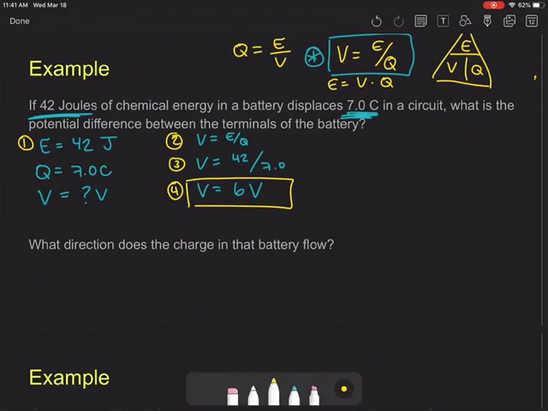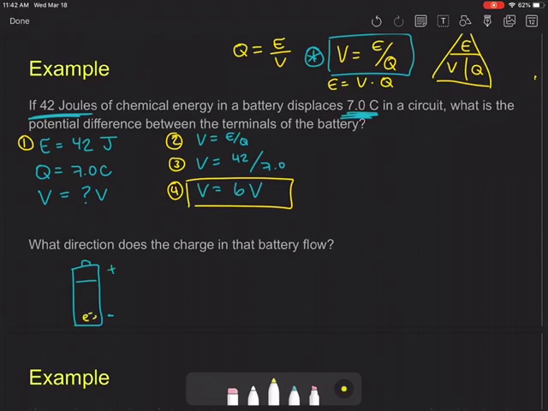Okay? The next question says, what direction does that charge in the battery flow? So we're not actually doing an equation right now. It's just saying, where does the charge come from? What terminal does it start at, and what terminal does it end at? And we know that the thing that is flowing, the charge, those are all just electrons. So electrons are all piled up in the negative end of the battery.